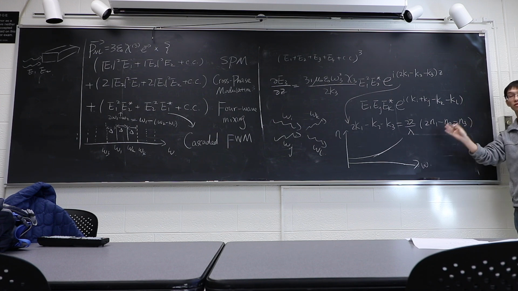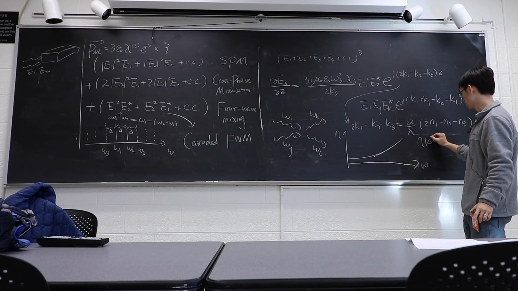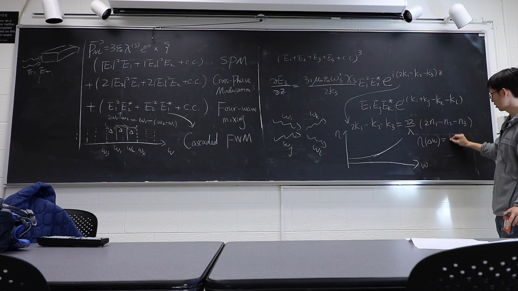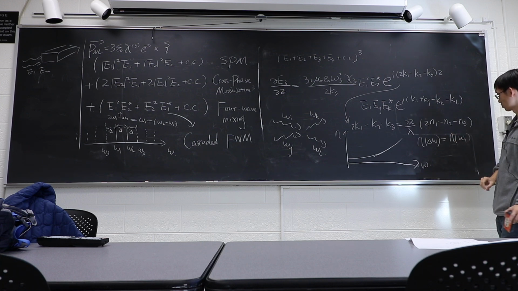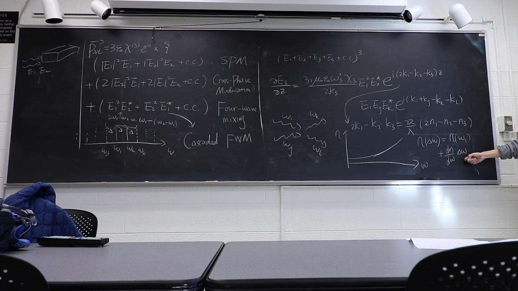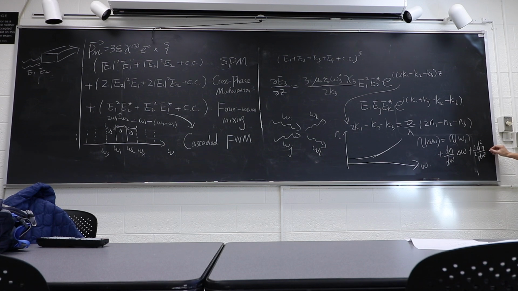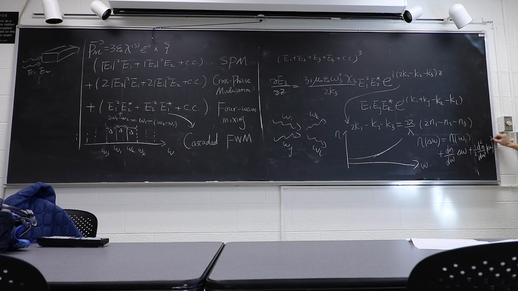If you do a linear expansion, for example, you can do n of omega equals n at omega 1 plus dn d omega times delta omega. If you only use this, then this term is 0. It's always phase matched. But unfortunately, there are other terms. You have higher order terms here: a half d squared n d omega squared, times delta omega squared.